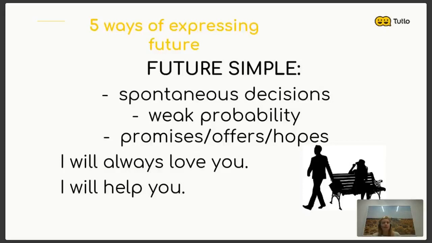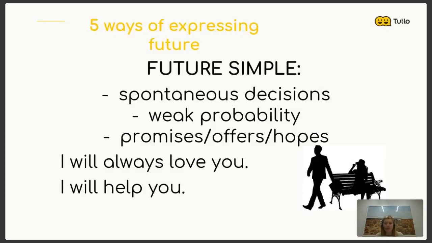So in such phrases like, I will always love you, I promise I will help you, I promise I won't tell it to anyone, I will take your bags. You see me carrying bags and you say, okay, I will help you. I will quit smoking. Yes, Małgorzata.